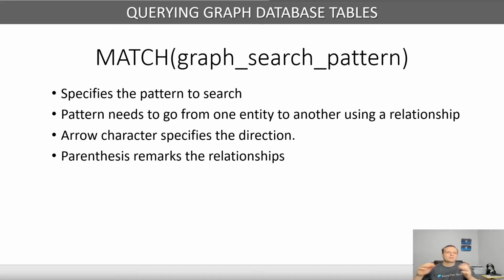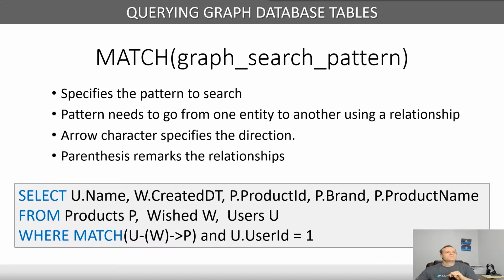It can go to the left side or right side to specify which direction we are going. And we are also going to use parentheses, which mark the relationship tables, which means we are going to use some aliases, right? So let's say we have two products and one relation, and we are going to end up with three aliases. The parentheses are going to specify which one is for the relation, because it can get really complex.